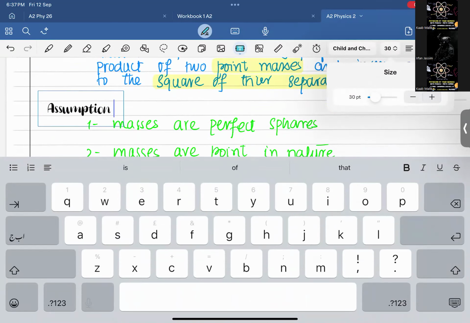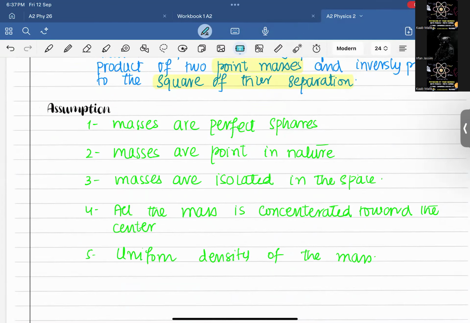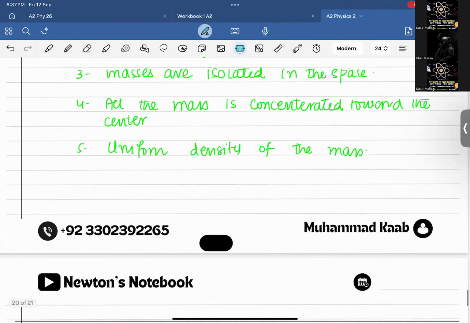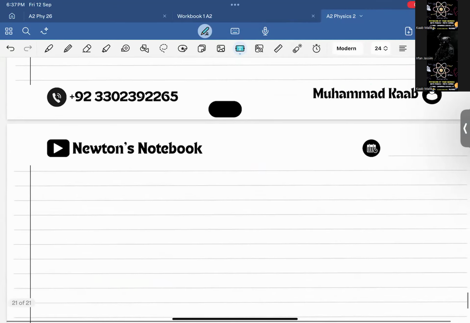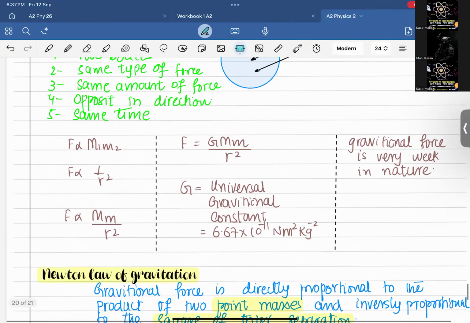Okay, so now the overall formula is this one. This is the gravitational force formula.